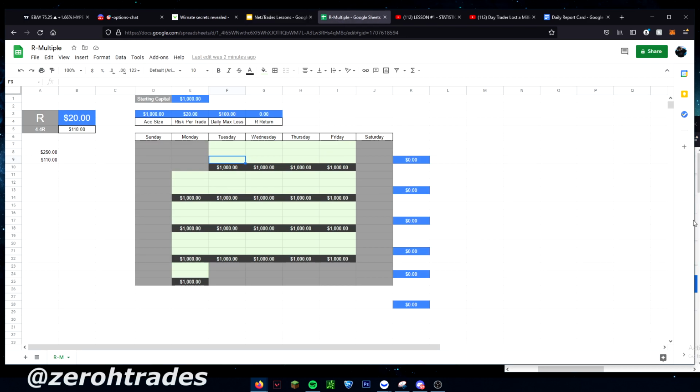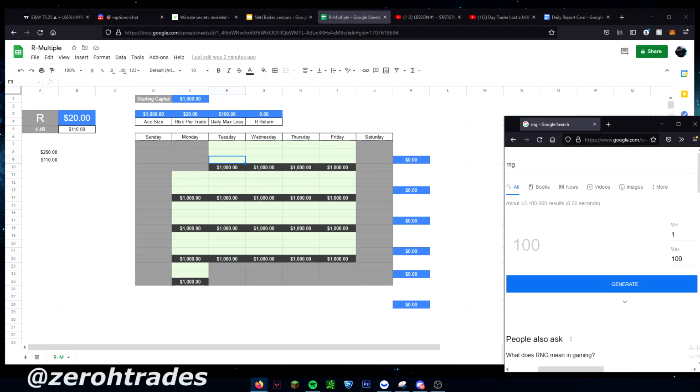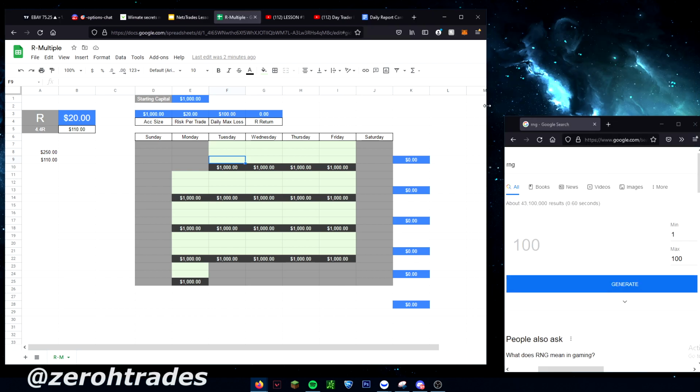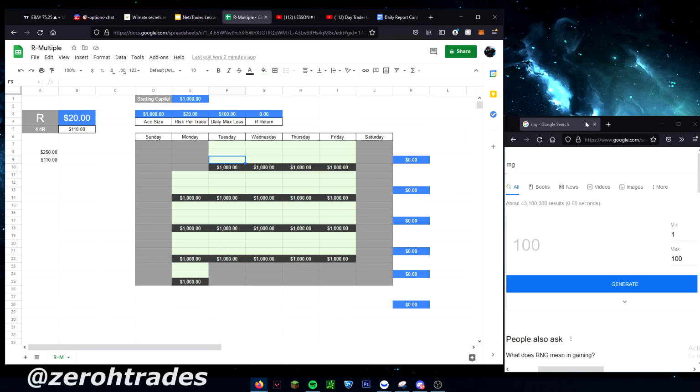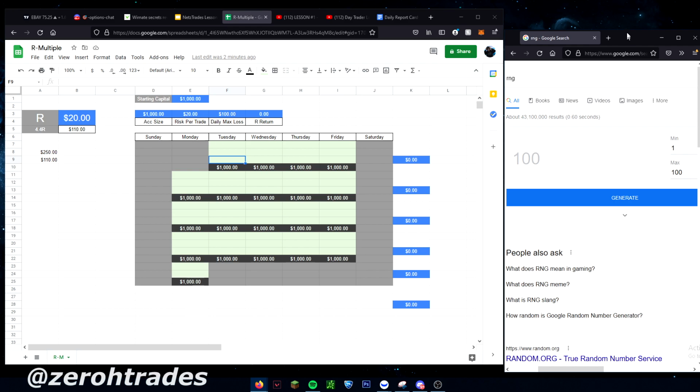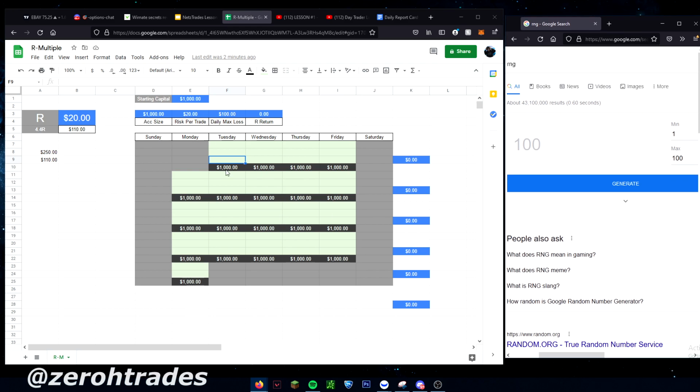So the first trade we took is going to be a loser. Let me just change this here so it's not annoying. Okay, so our first trade is a loser, so we're going to be down $20. Let's see our second trade. It's a winner. So now our winner is 107. You see how this updated?